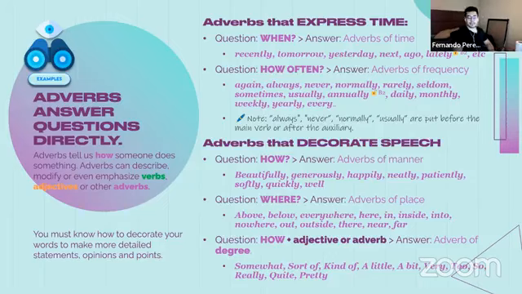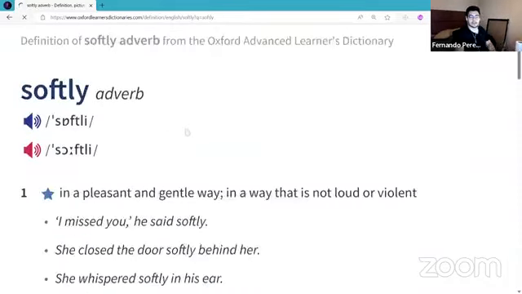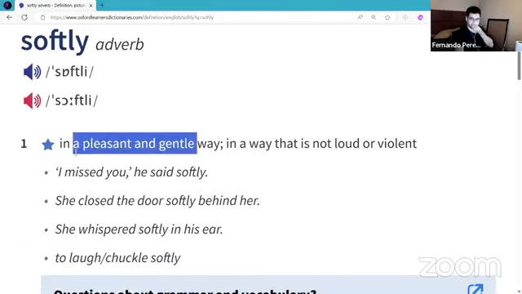Mitch, give me an example using the word softly. Softly, by definition, is in a pleasant and gentle way. Like music. Some music is very, very loud and rhythmic, like reggaeton.